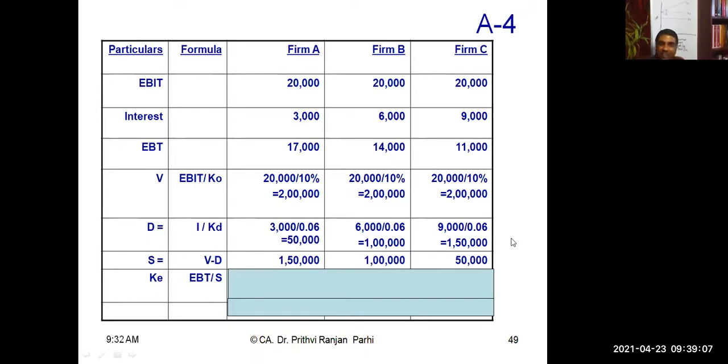Okay. Now let us compute what is cost of equity. What has happened to this cost? Cost of equity is equal to EBT by S, that is EBT by equity. Can you compute cost of equity? 11%.